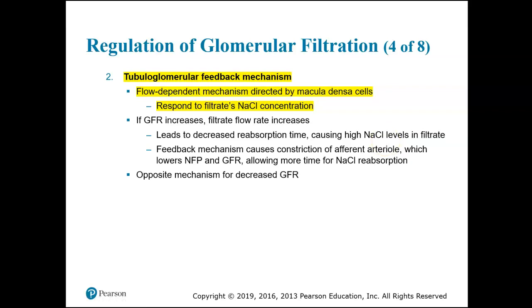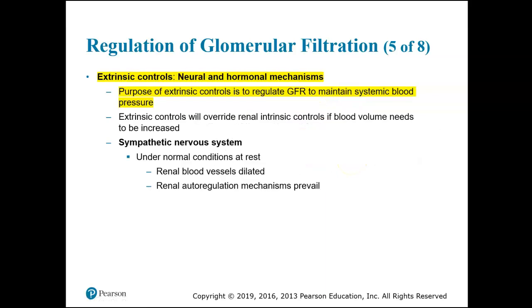And then that will cause the afferent arteriole to constrict. So high filtration rate increases salt in the filtrate, which is detected by the macula densa cells, and then that leads to the constriction of the afferent arteriole.